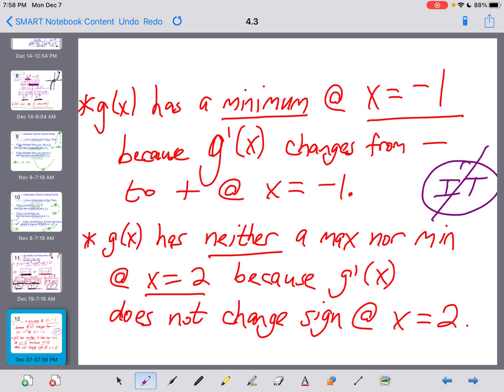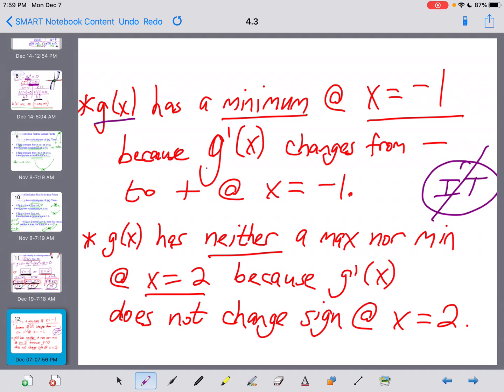You don't want to use the word "it" when you're explaining the relationship between two different functions, because when people are talking about it, it's not clear whether they mean g of x or g prime of x. So every time I went to name a function, I used its proper name.